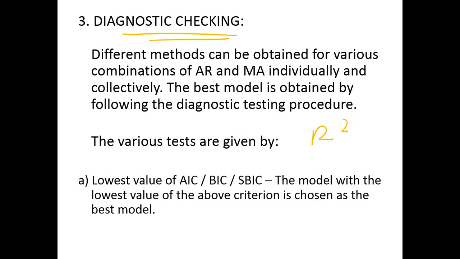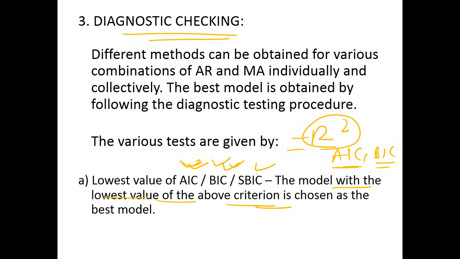Pretty much like you see R square, AIC, BIC in regression, right? You don't have R square here, but you have AIC, BIC, SBIC. So the model with the lowest value of the above criteria is the best model. Many a time the software randomly picks a number of models and tells you which model suits your data best based on the AIC or BIC criteria.